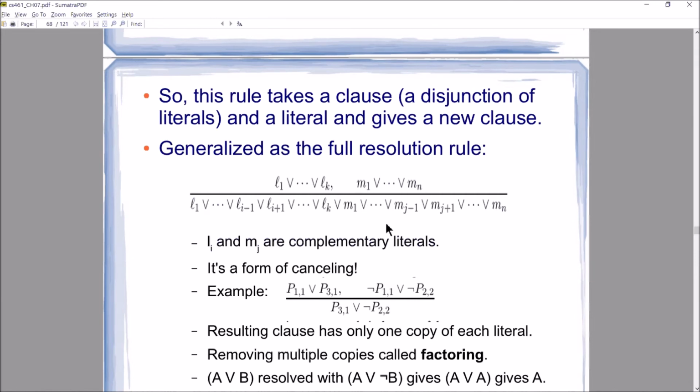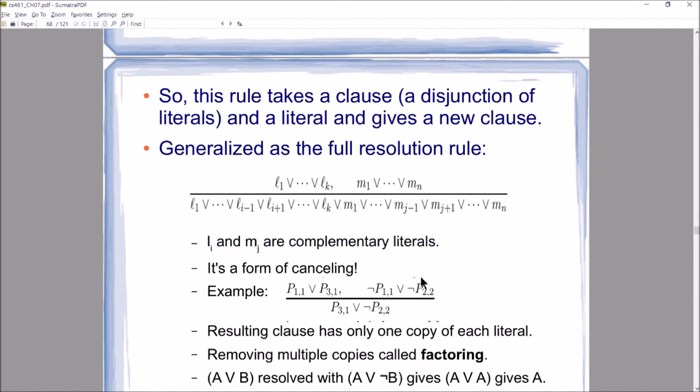Maybe not all of them were complementary. So when it's finished, you end up with what's left over. So take one set of disjunctive literals, take another set of disjunctive literals, apply them to each other, and then you get a brand new sentence with the complements canceled out.